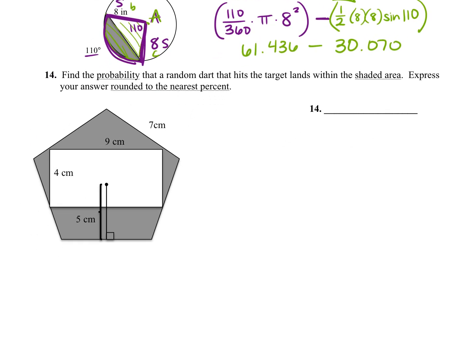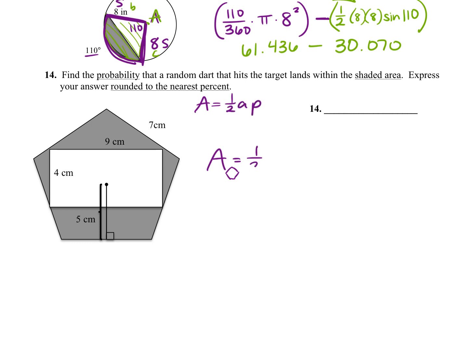Last thing, number 14, find the probability that a random dart hits the target and lands within the shaded area. So take a look at this picture, right? The area of the trapezoid is going to be 1/2 AP, right? Area of a regular polygon. I said trapezoid, sorry. Try that again. The area of the pentagon is what I meant. You're doing 1/2 AP.